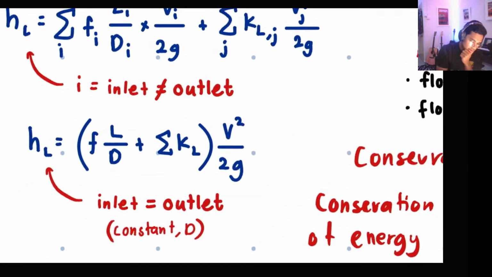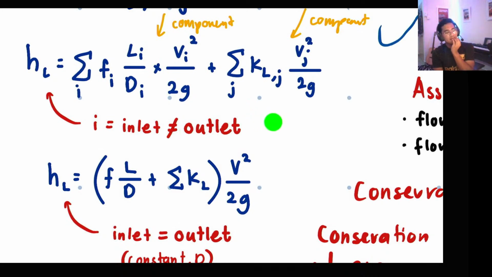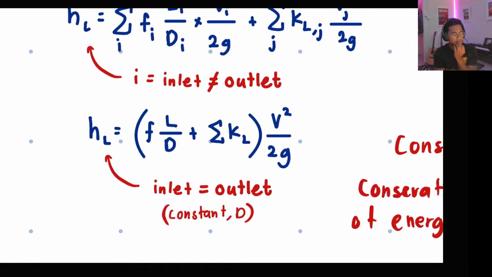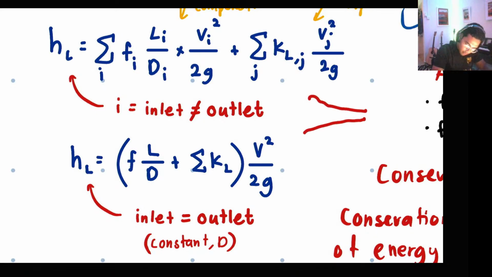Okay. So this is the equation if the inlet is not similar to the outlet. So I is this I, and J is also the I. But this is what they mean. The geometry of the pipe is like this, the diameter getting smaller. Okay.